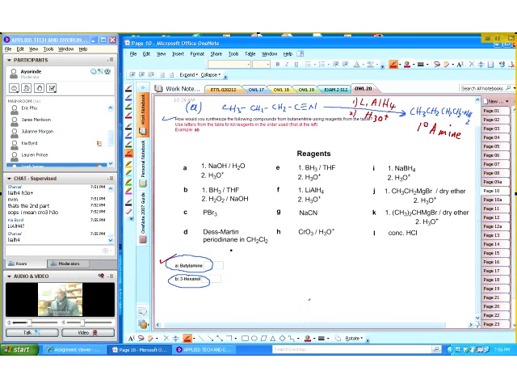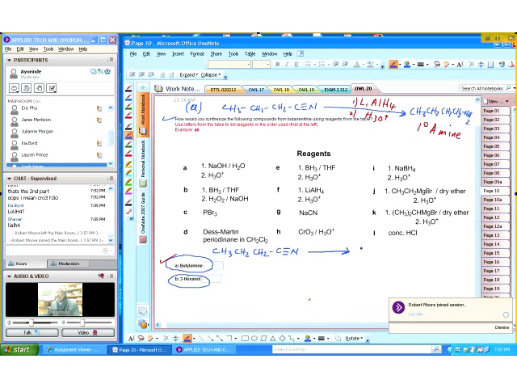About this one here, now they want us to go from the same butane nitrile as above, now they want us to make 3-hexanol.